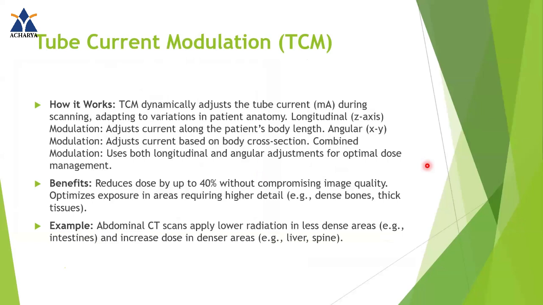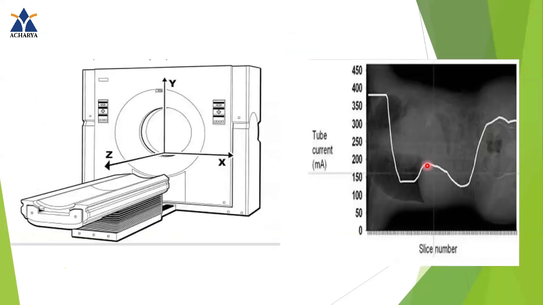Tube current modulation occurs in two ways: one is angular tube current modulation and the other is longitudinal tube current modulation. What we just saw is longitudinal tube current modulation, where the mA continuously varies along the Z-axis of the patient. Now, body contours are different from individual to individual.